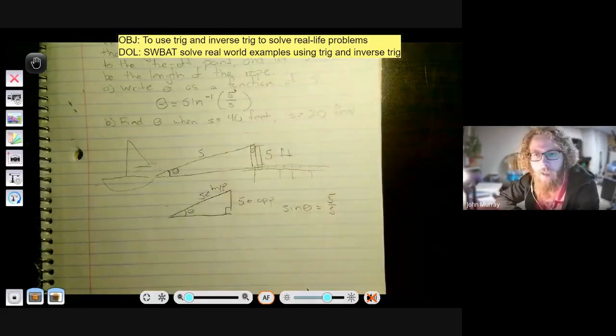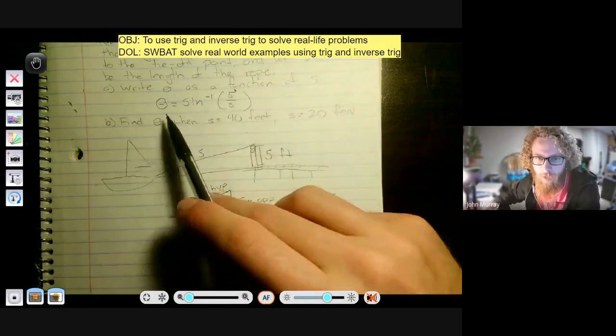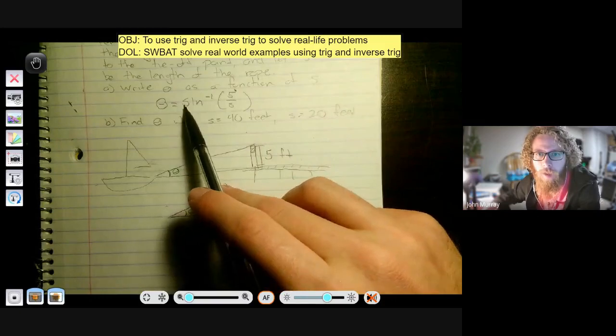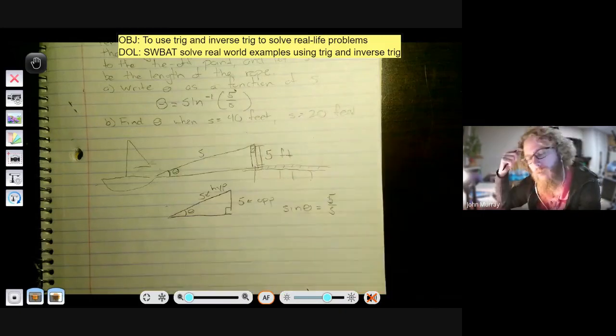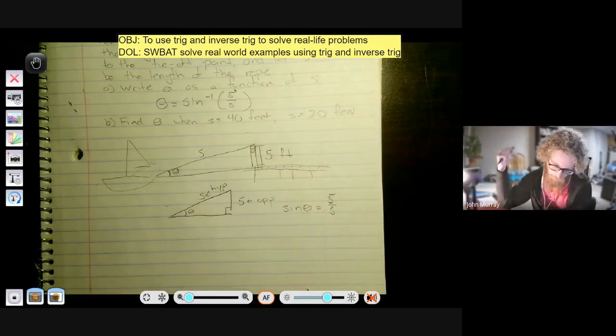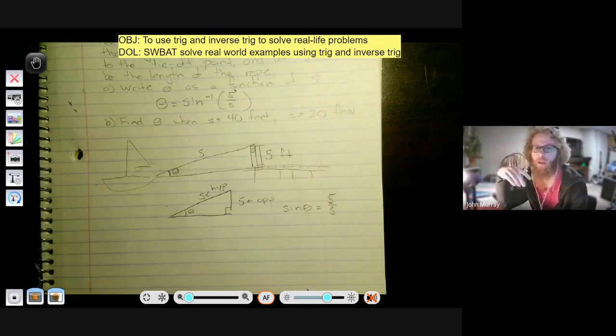So for the first part, theta as a function of S, theta is the inverse sine of 5 over S. Right, so that's it for part A. They asked us to write an equation or a function, and that's what we have.